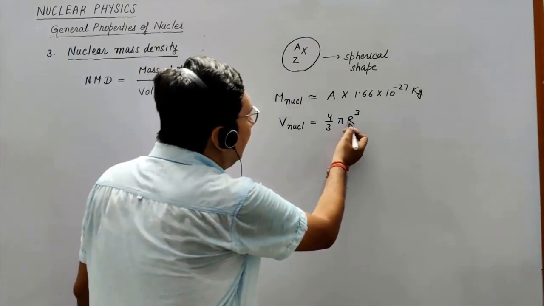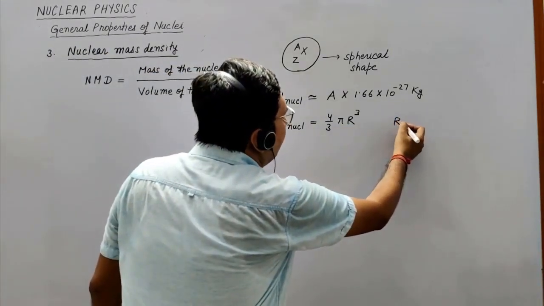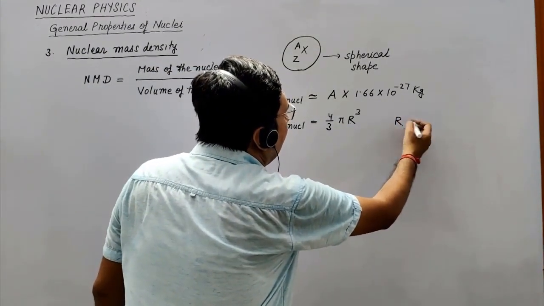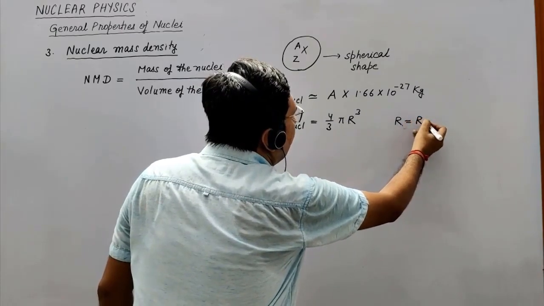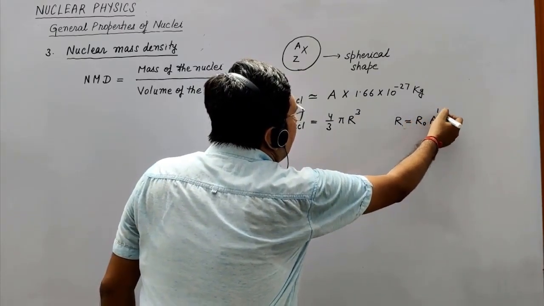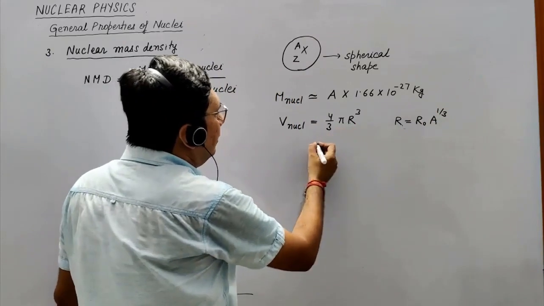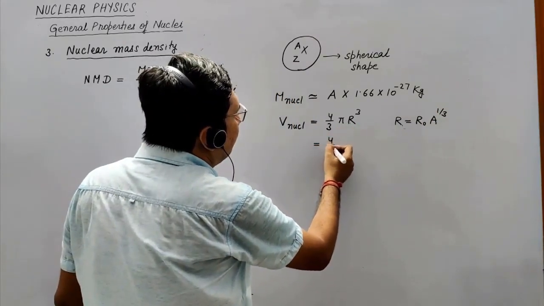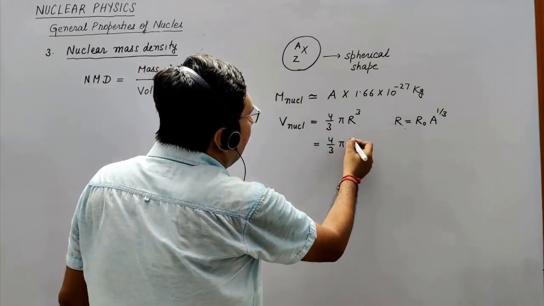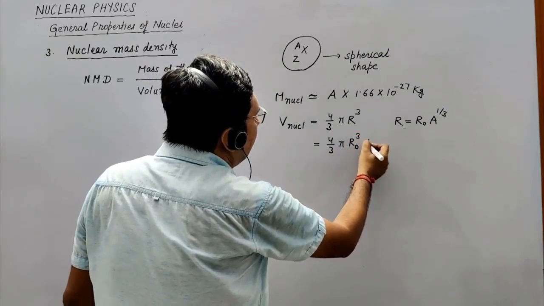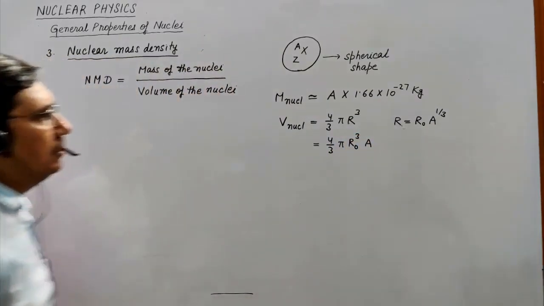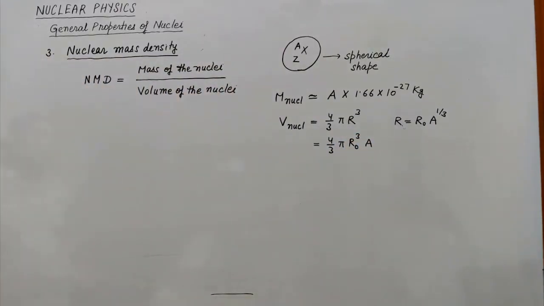So replace this r by r naught A to the power 1 by 3. Substituting this, it becomes 4 by 3 pi r naught cube A. This will be the formula.